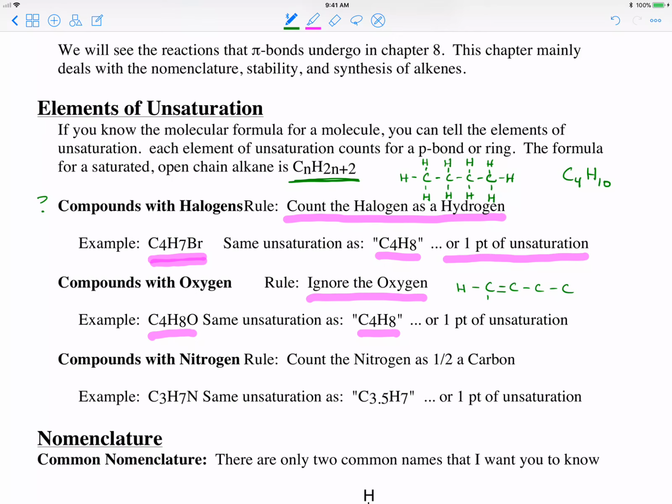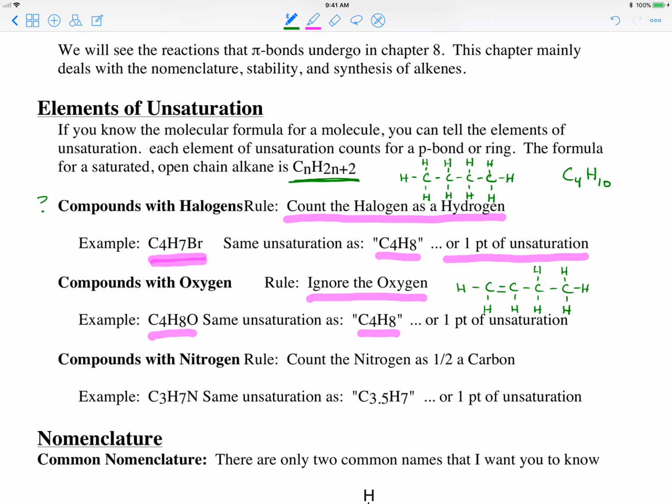Now, this is not how the molecule looks, we're just keeping track of everything. Okay, so that's C4H8. You have 4 carbons, 8 hydrogens, 1, 2, 3, 4, 5, 6, 7, 8, and nothing else in there.